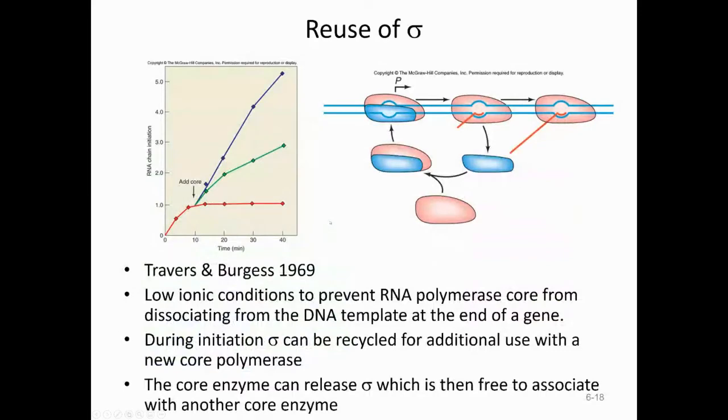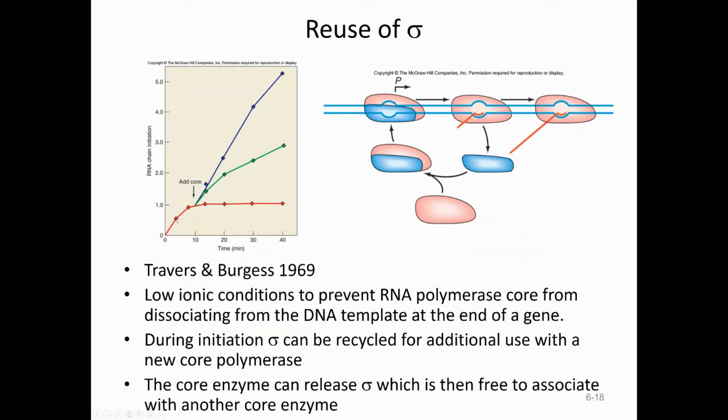The sigma initiates the transcription, then dissociates, and the core enzyme continues the elongation. This sigma will bind another free core enzyme, become the holoenzyme, bind to the promoter and initiate transcription.